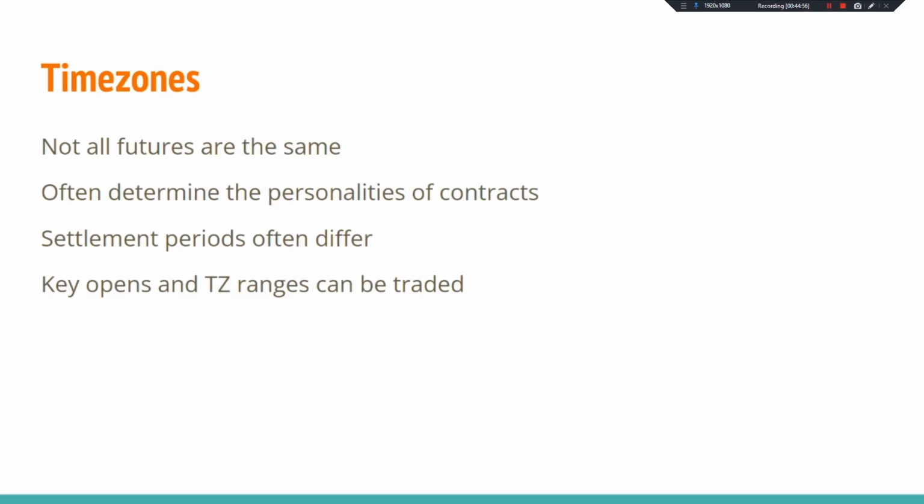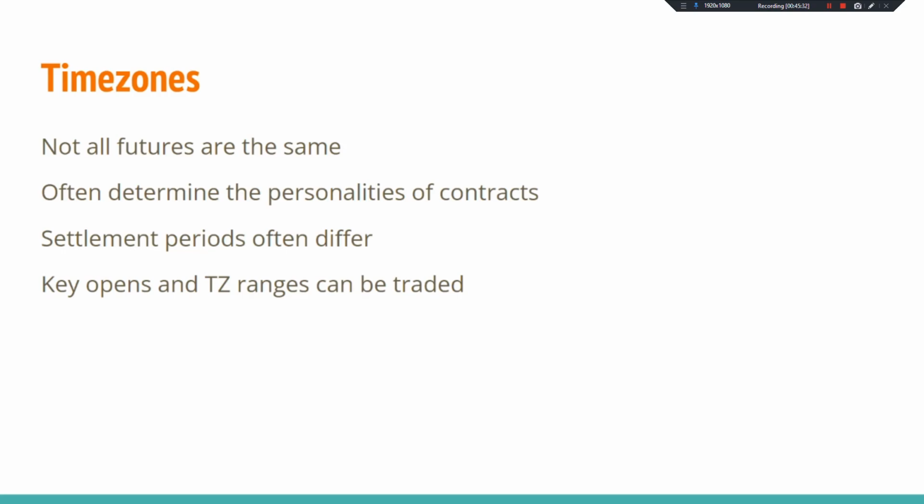They're all slightly different, but they're potentially slightly easier to trade than stocks because you're not flipping between a bunch of different names. It's a single instance, single commodity, and you learn how that market works and what things work in that market and what doesn't, and what moves it and what doesn't. They can be very, very news driven. Settlement periods often differ, so you need to make sure you know when and where the contract settles.